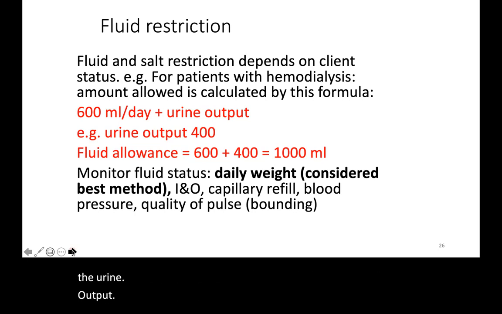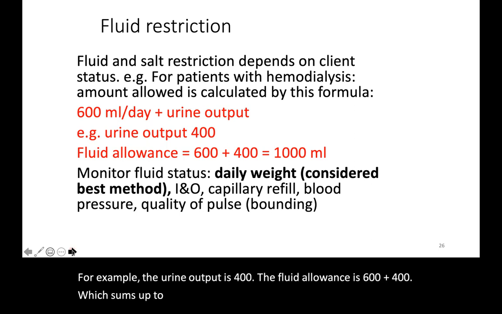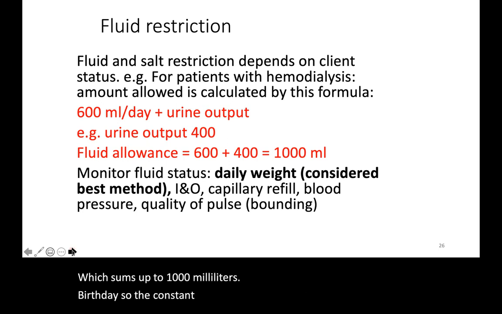For example, the urine output is 400, the fluid allowance is 600 plus 400, which sums up to 1,000 milliliters per day. So the constant is the 600, and the variable is the urine output.